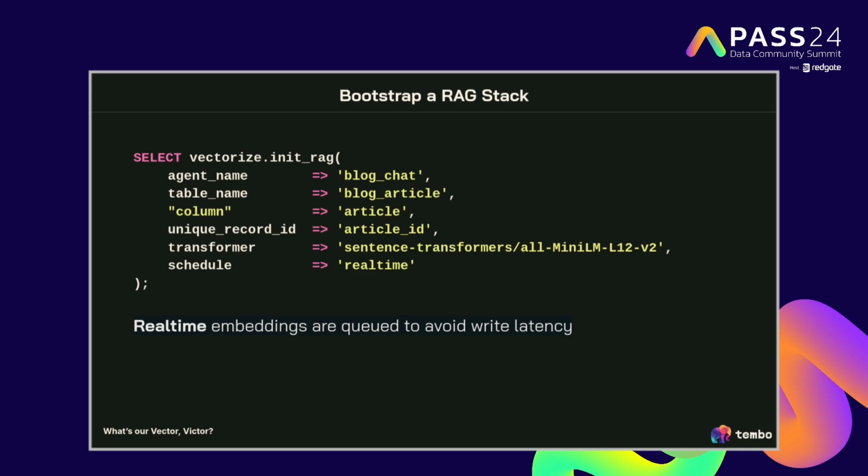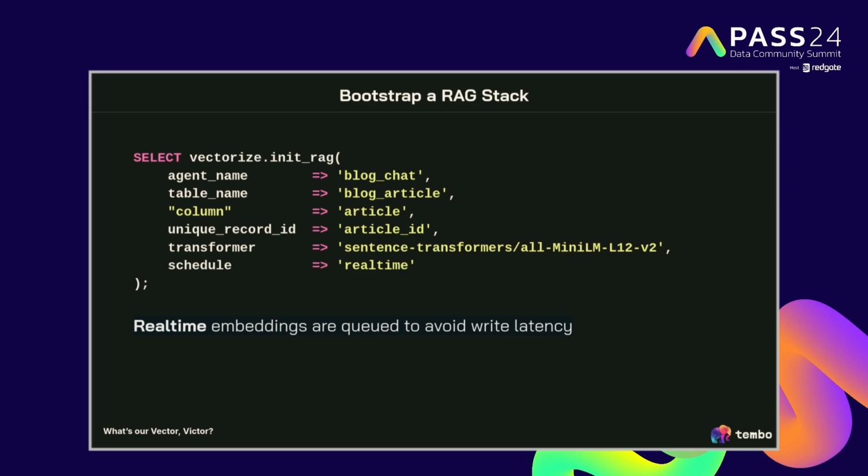So the other thing you can do, instead of just doing a table and building vectors on it, is you can build a whole RAG stack. And this is important because it knows the difference between searching just a table or searching a table in a way that I'm going to take the results from the search and then feed them into an LLM immediately.